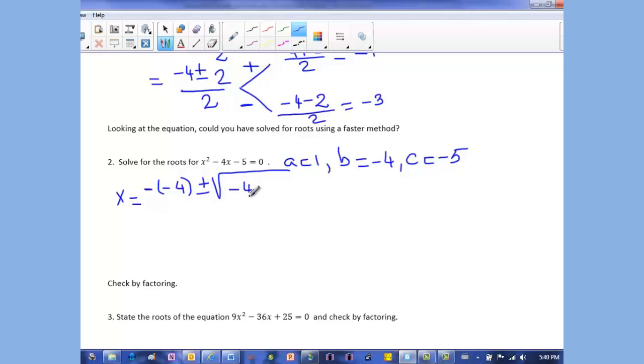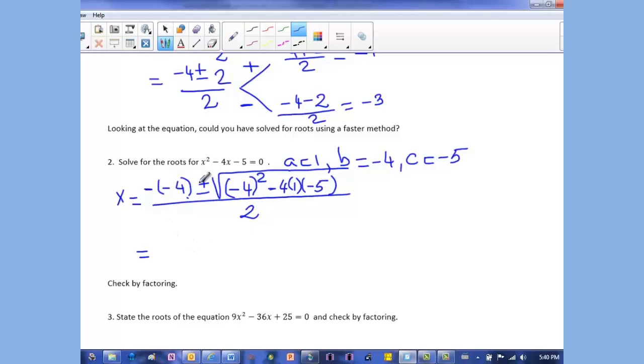We do have to use brackets because we want to show that we have negative 4 multiplied by itself, or negative 4 squared, which will in turn give us a positive result, minus 4 times 1 times negative 5, all under the square root, over 2a, or over 2.